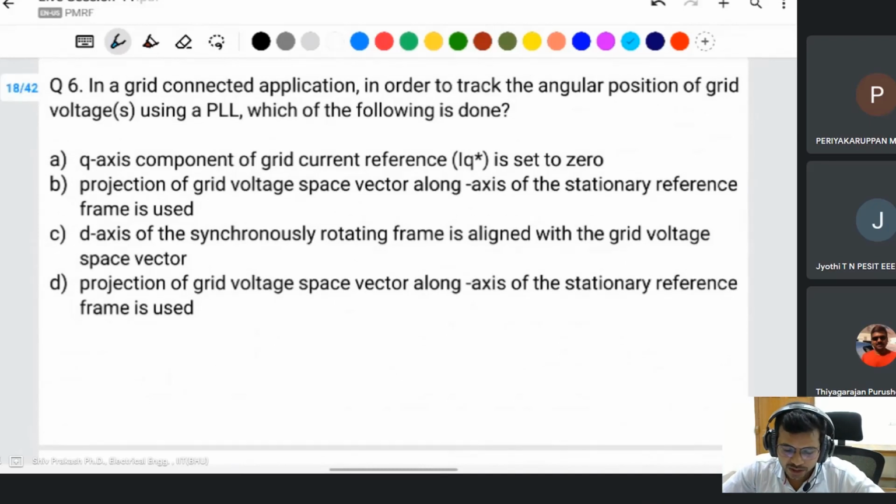For tracking of the grid voltage, VD and VQ are used because VD and VQ are constant values only. And you can compare the output voltage to the reference voltage. Then you can use a simple controller, a PI controller, to track the voltages.